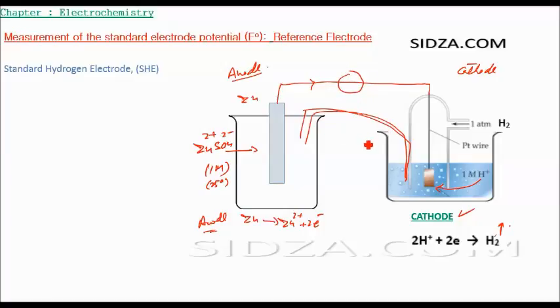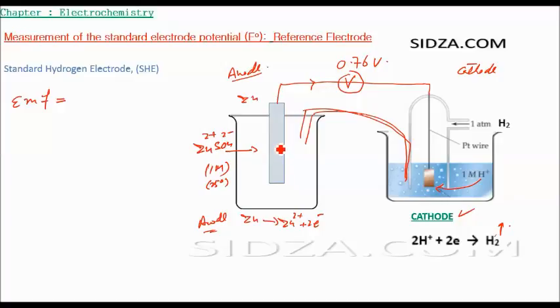When you connect the two electrodes, you get an electrochemical cell, and let's suppose the EMF of the cell, the voltage of the cell here, is 0.76 volts. What is this EMF, this electromotive force? The EMF of a cell is the sum of the two electrode potentials.